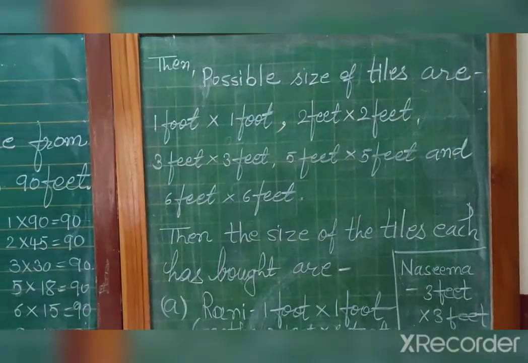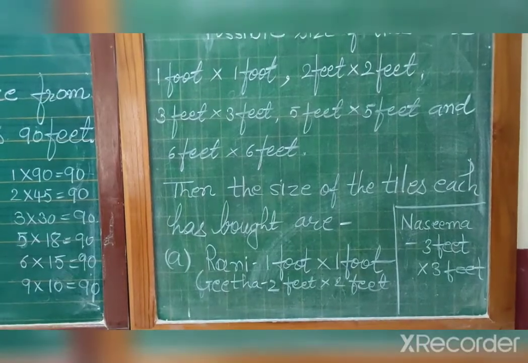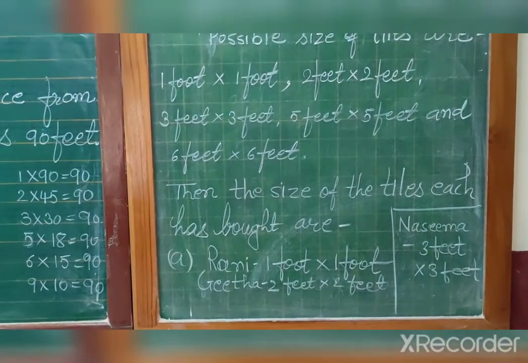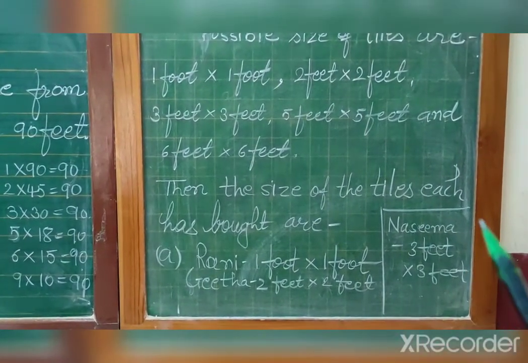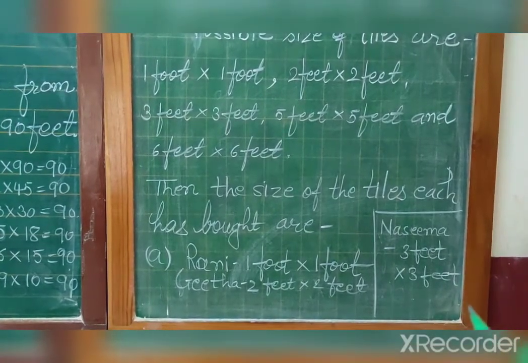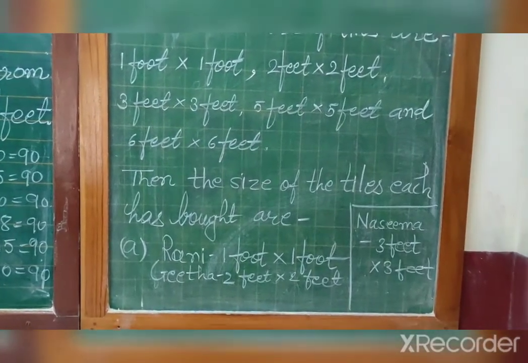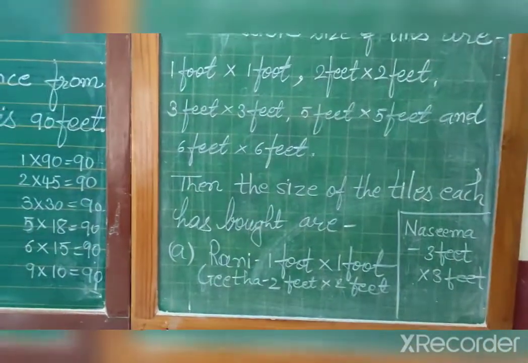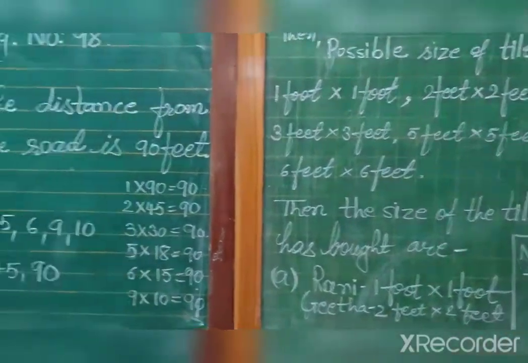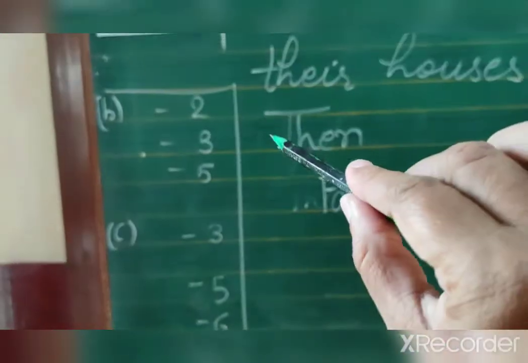Then the sizes of the tiles each has bought: if Rani is purchasing 1 foot by 1 foot, then Geeta 2 feet by 2 feet and Nasima, the longest, 3 feet by 3 feet. And if they have a different choice, then the next option is 2 feet by 2 feet.